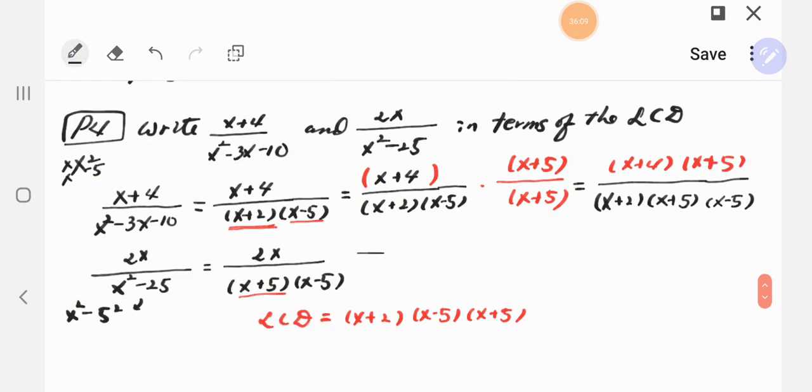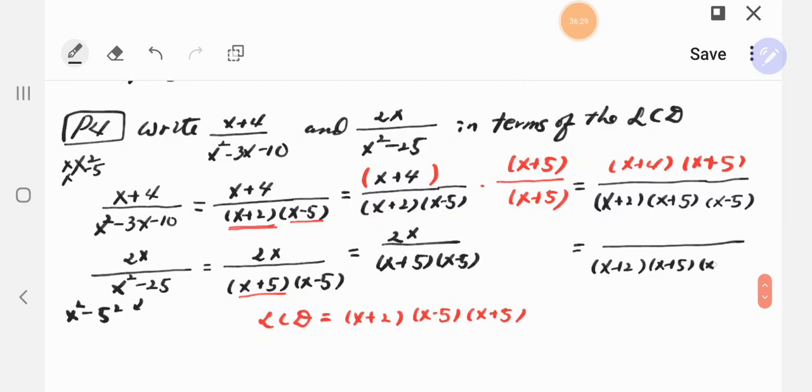Even the second expression is 2x over x plus 5, x minus 5. By multiplying, the denominator becomes the LCD, x plus 2, x plus 5, x minus 5.